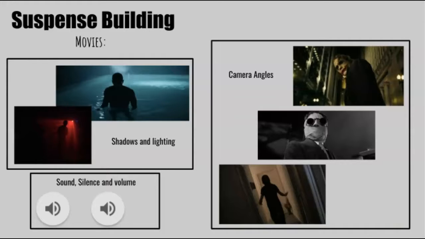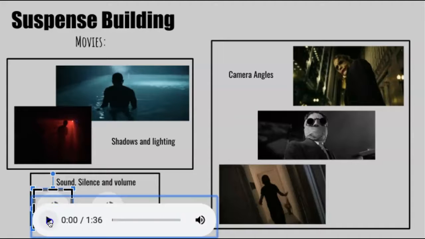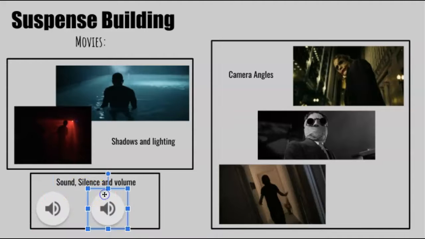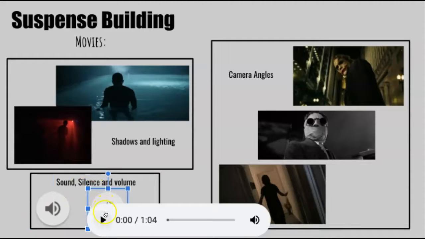Sound and silence and volume are also techniques that can be adjusted in order to build suspense. For example, that slow kind of building of sound and really intense sound can build suspense.